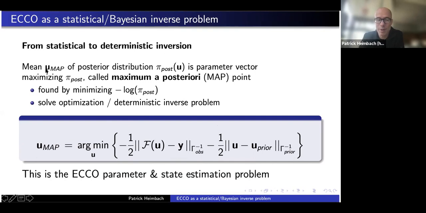So U map is that set of unknown parameters for which the simulated state fits the observations optimally, to within the observational uncertainty. And that is subject to some prior information on how much the deviation of these parameters from the prior should be. And that, in a nutshell, is the ECCO parameter and state estimation problem.